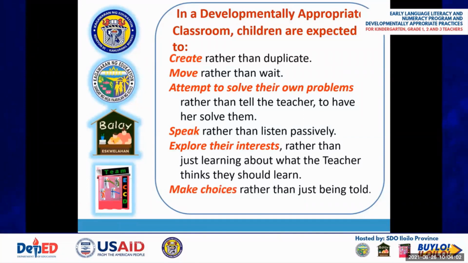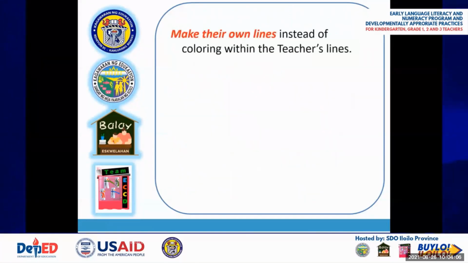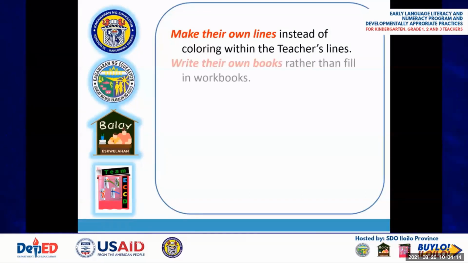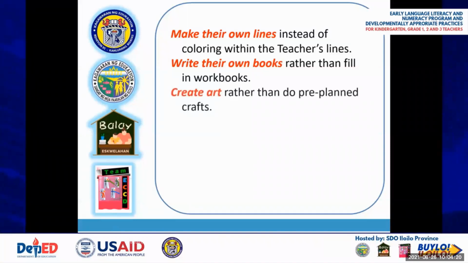Make choices rather than just being told. Make their own lines rather than following what the teachers have told them to do. Write their own books. Create art rather than do pre-planned crafts.